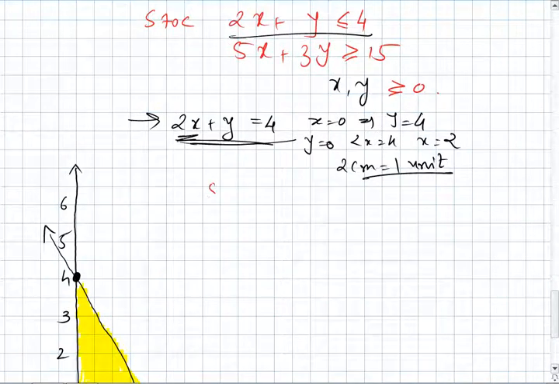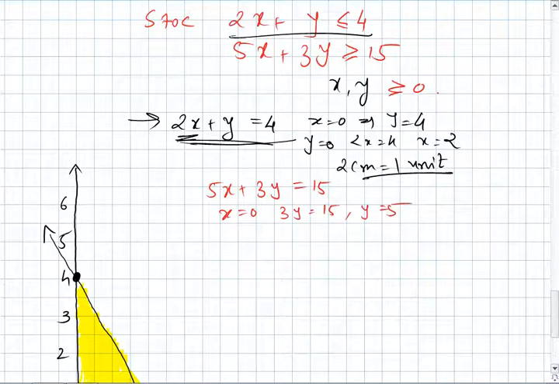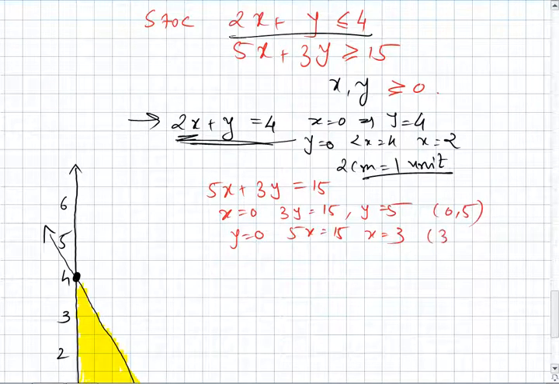Okay, now from the second constraint we have 5x plus 3y equals 15. Take x equals 0, then 3y equals 15, so y equals 5, and take y equals 0, then 5x equals 15, so x equals 3. So 0, 5 and 3, 0 are 2 points on this line.